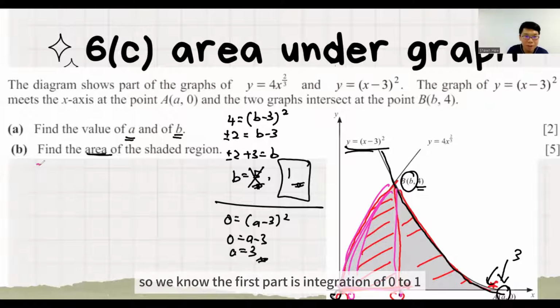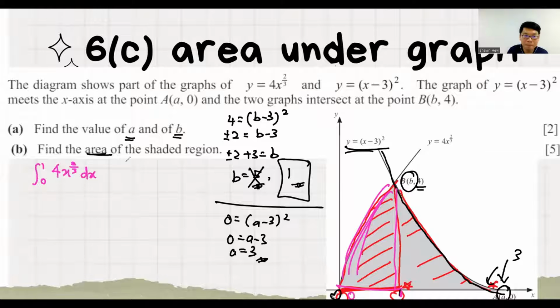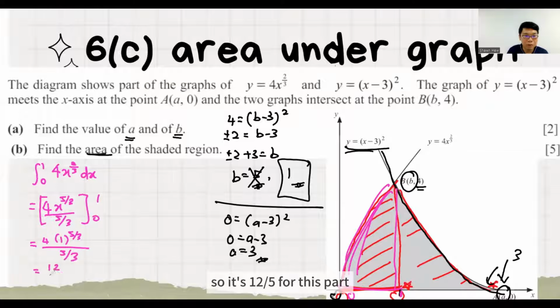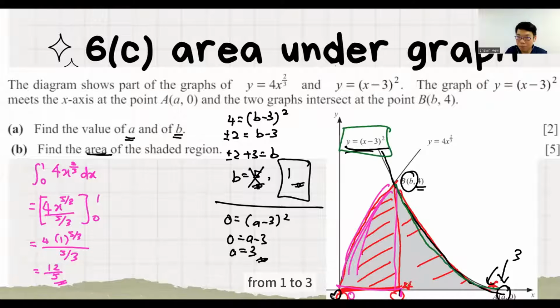So we know the first part is the integration from 0 to 1. Power plus 1. So it's 12 over 5 for this part. The next part is the curve from 1 to 3.